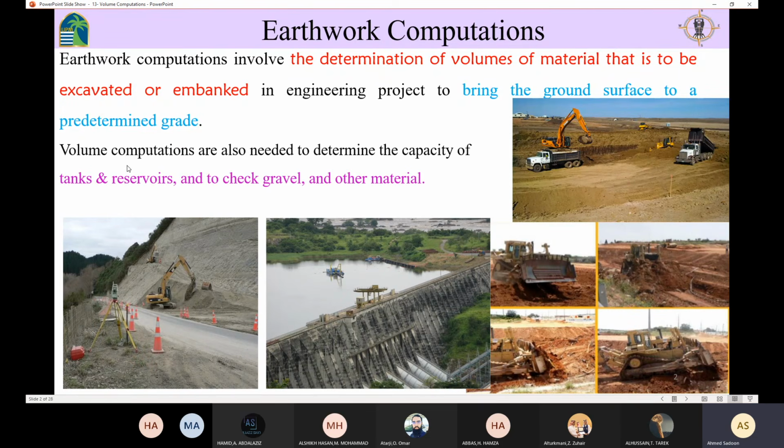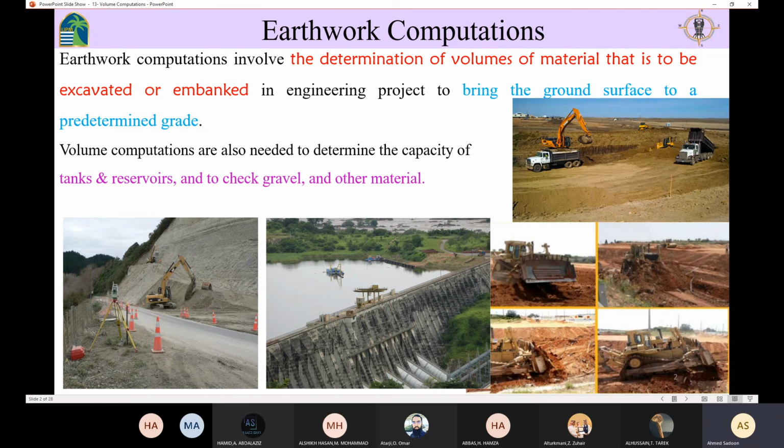Volume computations are also needed to determine the capacity of tanks and reservoirs and to check the gravel and other materials. So volume computation is not only for earthwork computation, but also if you want to know the capacity of tanks and reservoirs, and also if you want to check the amount of a material, for example, gravel.